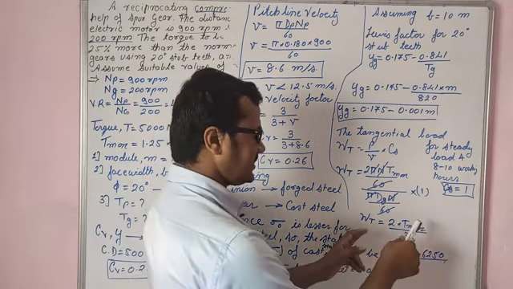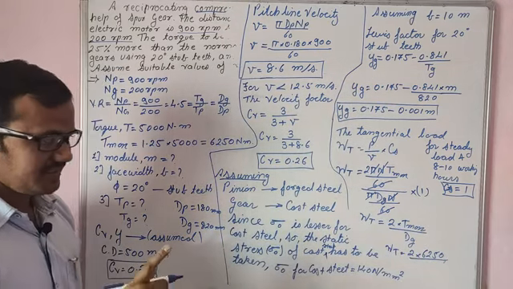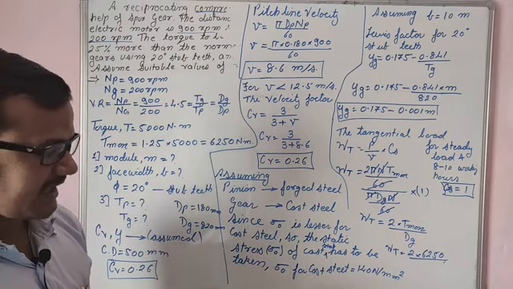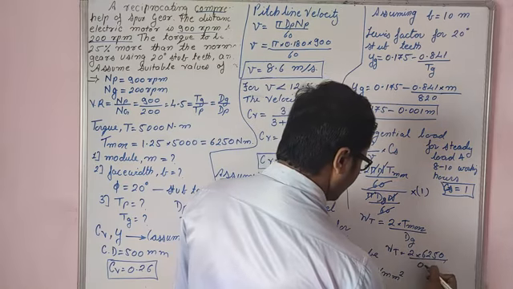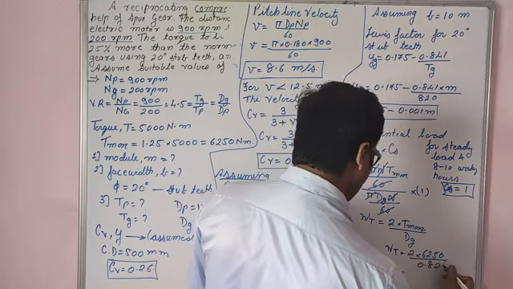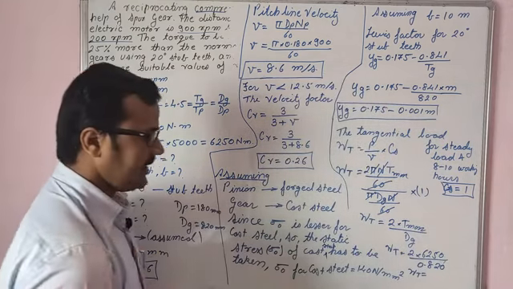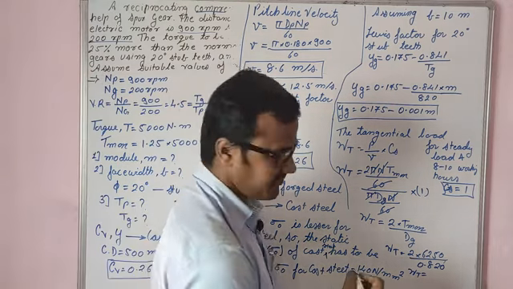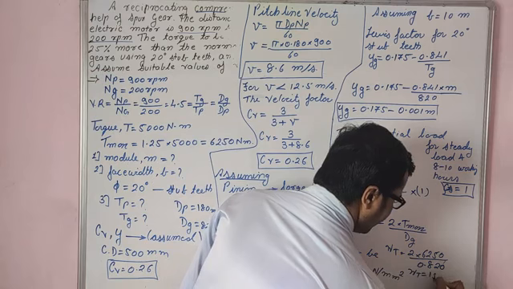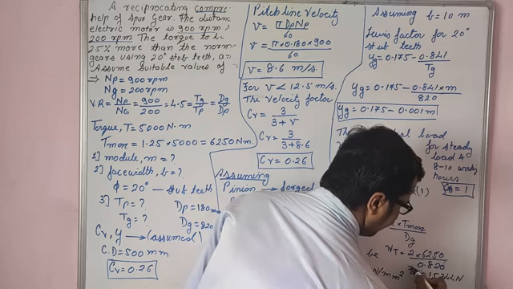Now remember, the torque is in Newton meters, so we substitute the diameter of gear in meters, that is 0.820. So the value of Wt, the tangential load, upon calculation is 15244 Newton.